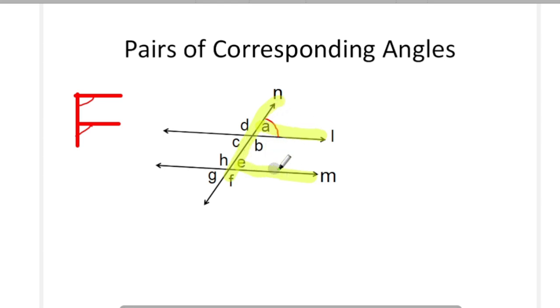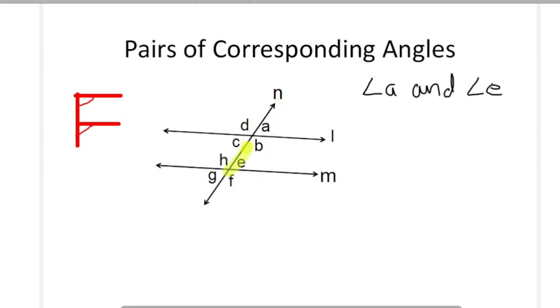There is the shape of letter F. So, angle A and angle E. See, these two angles are corresponding angles. Two angles together form a pair of corresponding angles, दो angles साथ में जो इस तरह के form में है. See here F shape. So the first pair of corresponding angles is angle A and angle E.